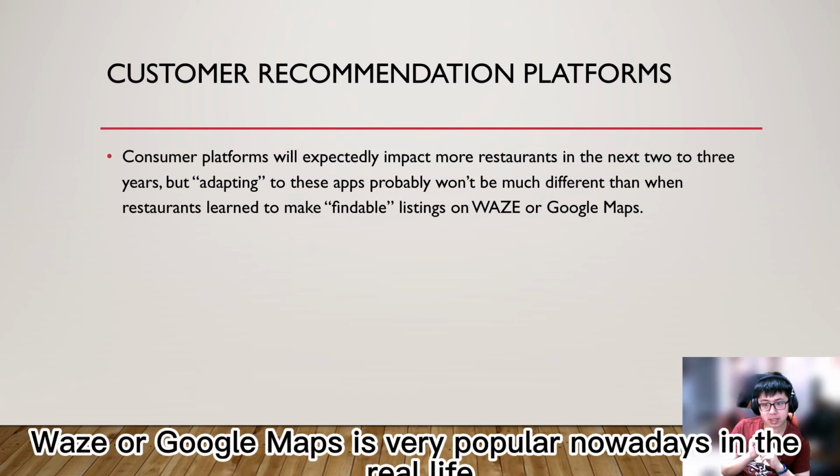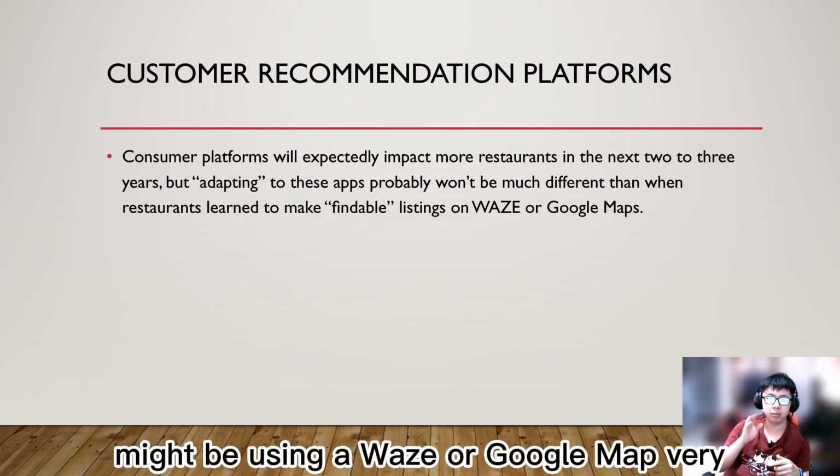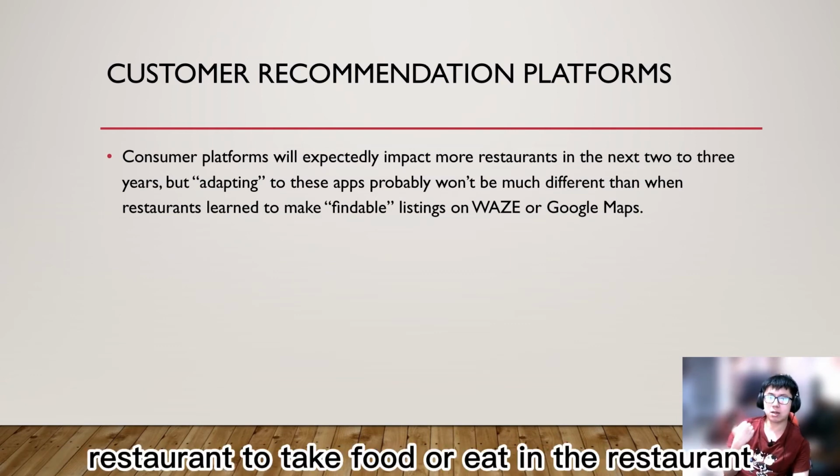Nowadays Waze and Google Maps are very popular in real life. Using them to search for restaurants is very simple, to go to the restaurant where you want to take food or eat in.